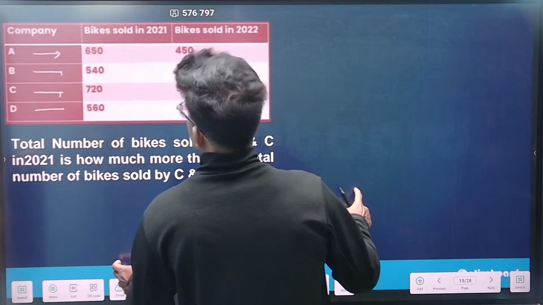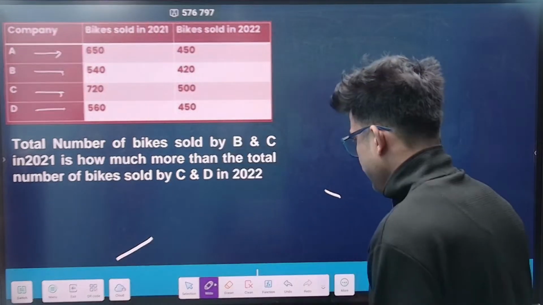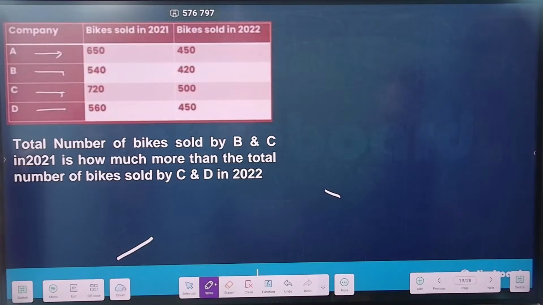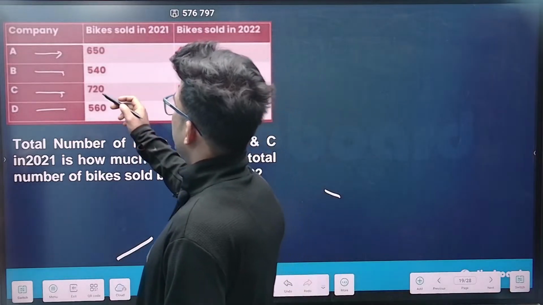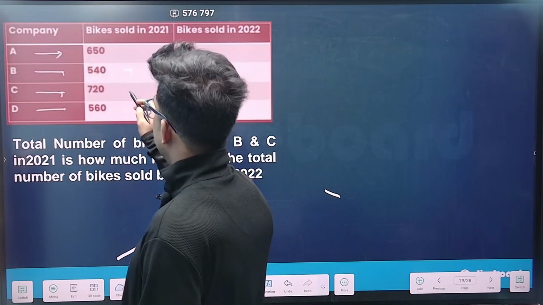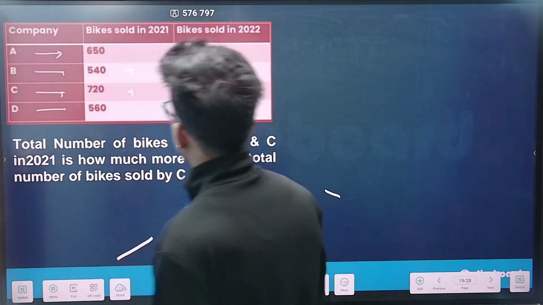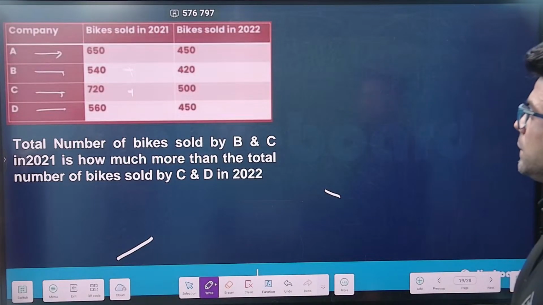I would say doable also. Very easy question, by the way. Total number of bikes sold by B and C in 2021. B and C in 2021. Total number of bikes. Only 2021.